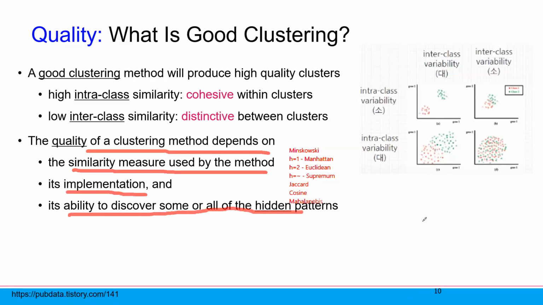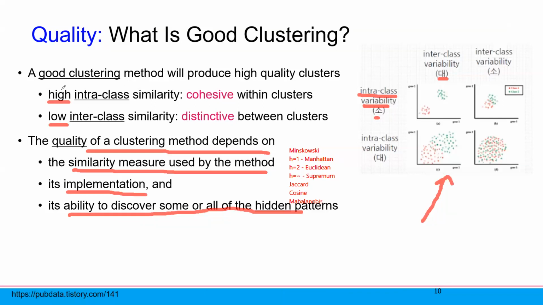So I give these figures. If the intra-class variability is low and the inter-class variability is high, I think they use different words there, not this one.